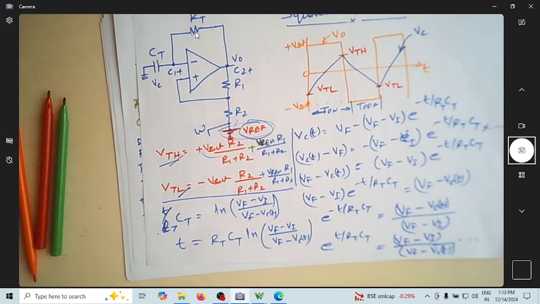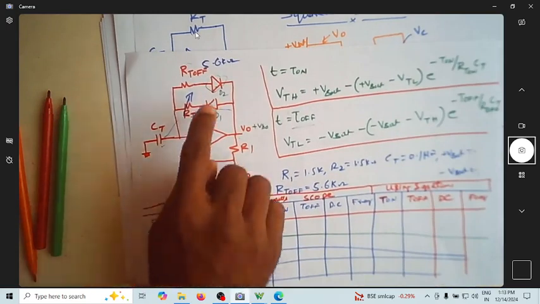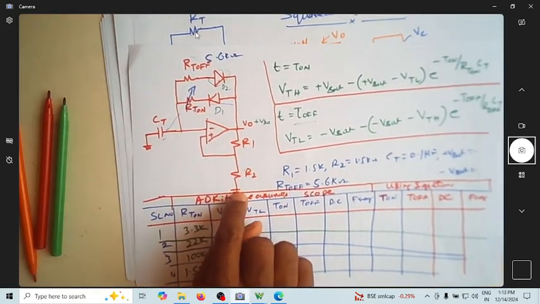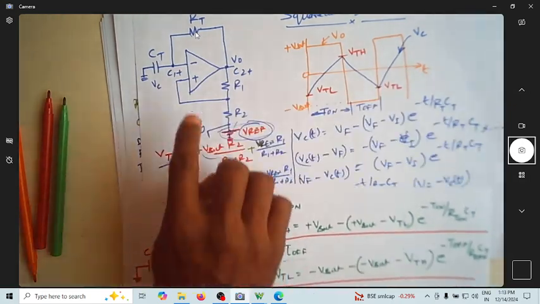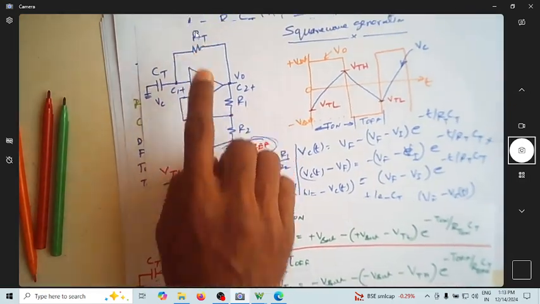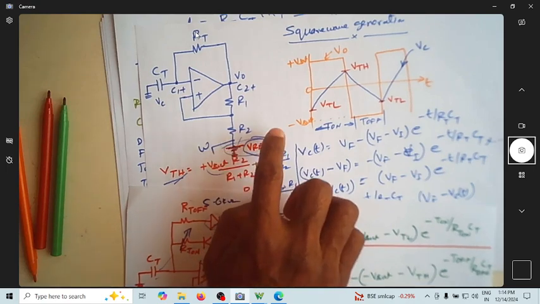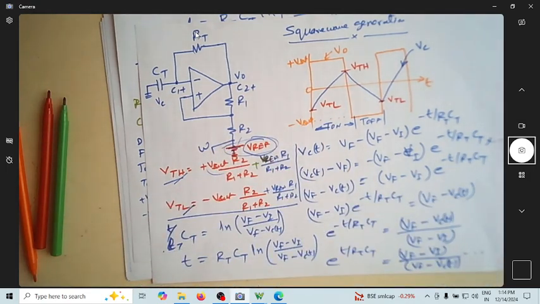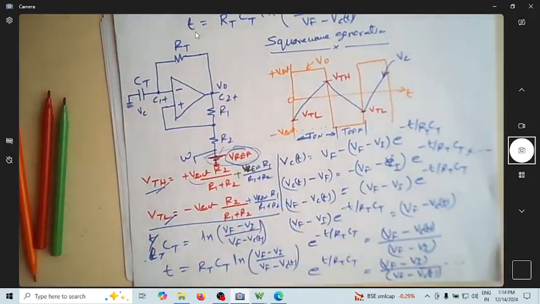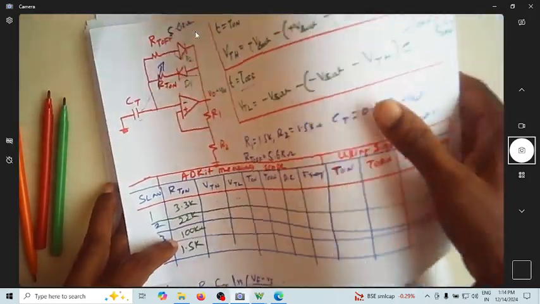So this is one way of getting any duty cycle using two resistors. Here you don't have a reference voltage. You can have a single resistor with a reference voltage, and you can still get different duty cycles. So that is square wave generation using an op amp.